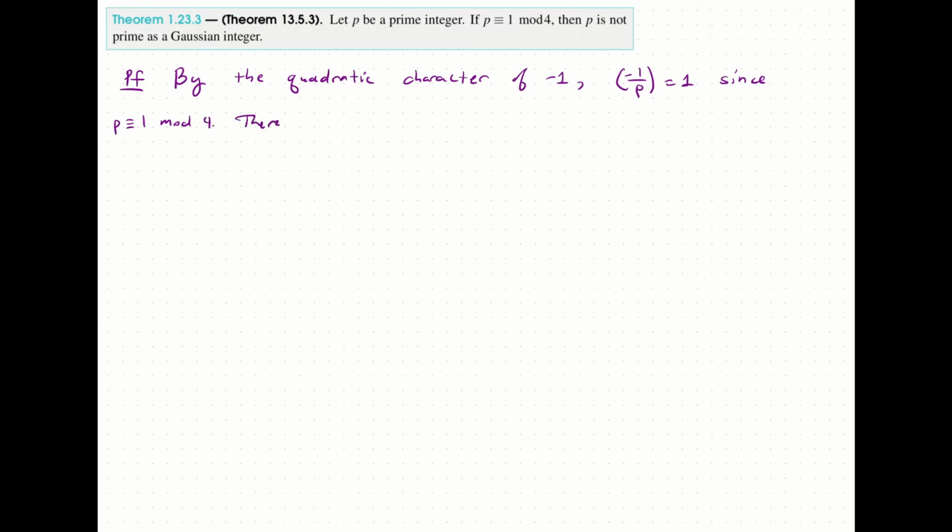So therefore, there exists an x in the integers such that x bar squared is equal to negative 1 bar in the integers modulo p, and therefore, in particular, we have that x bar squared plus 1 bar is equal to 0 bar in the integers modulo p by the equivalent conditions of congruence.